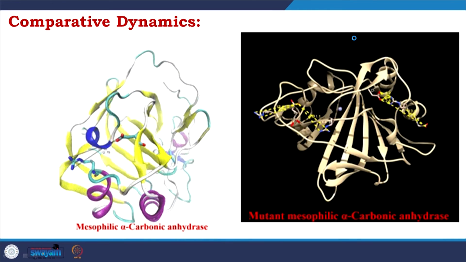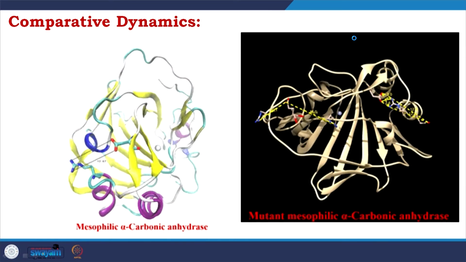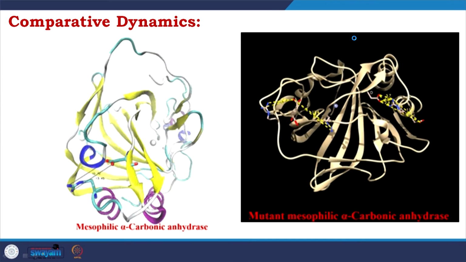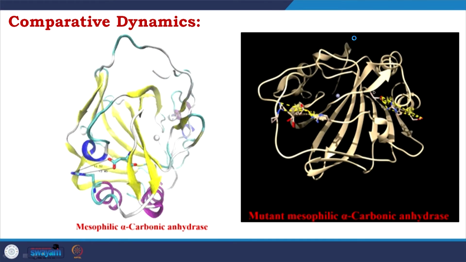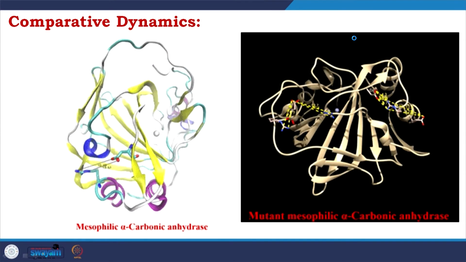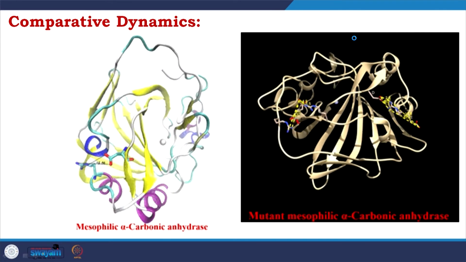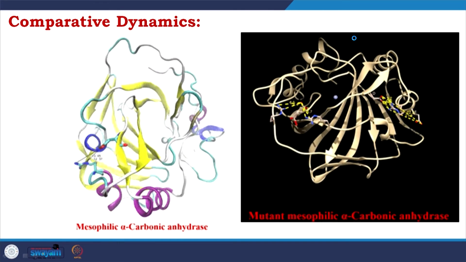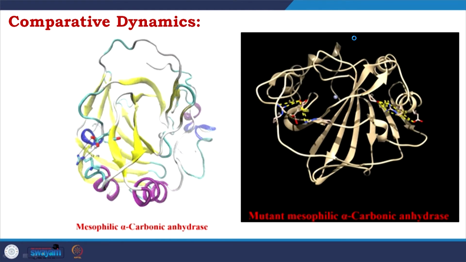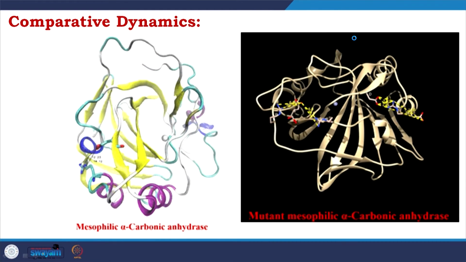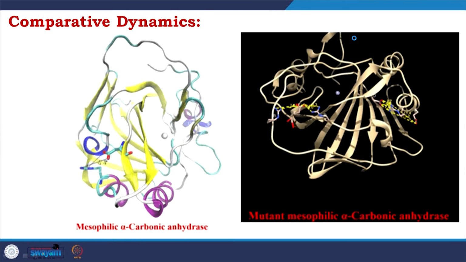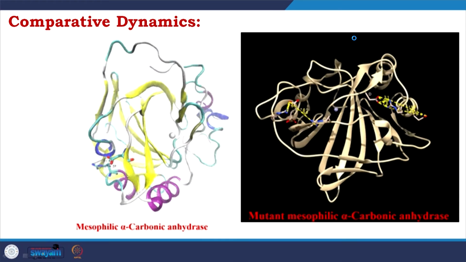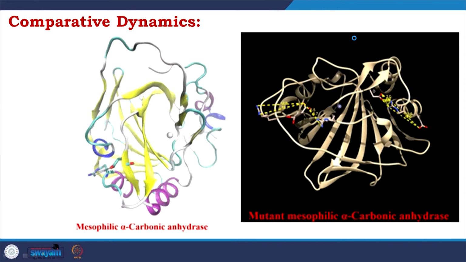Also, this is the movie comparing the mesophilic protein and the same mesophilic protein with the mutant. Again, taking a careful look, you will understand that all those loose motions which were present in the mesophilic protein are now absent because of the development of those 3 mutations.